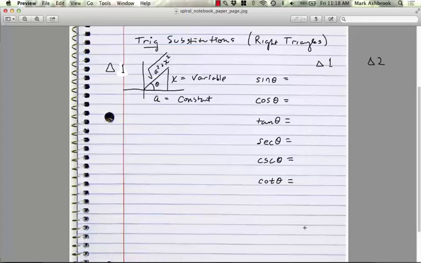Joel? It's going to be x over the root of a squared plus x squared. Sine is opposite over hypotenuse.